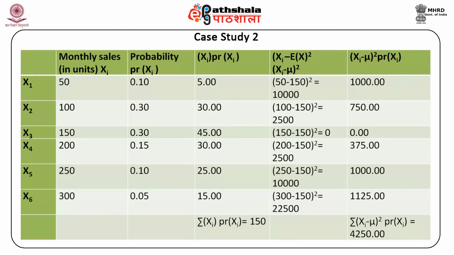Solution. Monthly sales, probability, then we have xi or probability p(xi), we have [xi minus expected value of x] square, then in the next column [xi minus mu] whole square into probability p(xi). If you look at all these calculations, we have different columns and we have calculated the sum total.